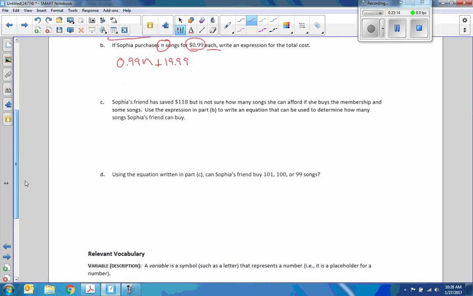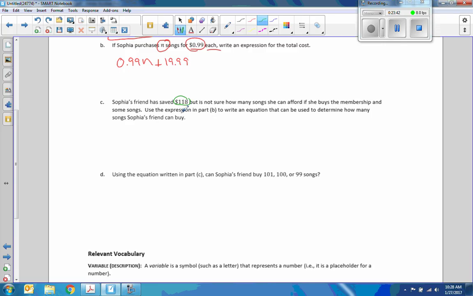Now part C says, Sophia's friend has saved $118, but is not sure how many songs she can afford if she buys a membership and some songs. Use the expression in part B to write an equation that can be used to determine how many songs Sophia's friend can buy. So Sophia's friend really likes music, and she wants to spend every penny possible of this $118.